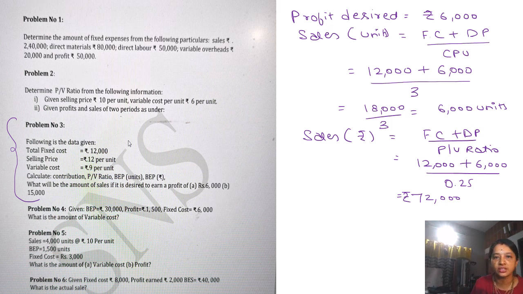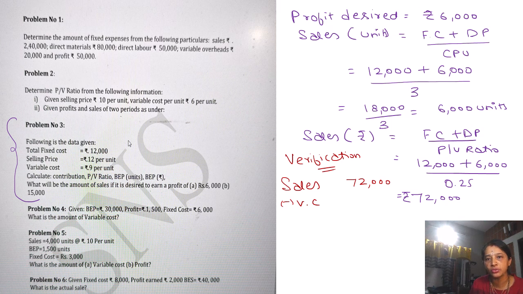So let's do verification. I told you verification is not required. This is just for understanding purpose. So sales, how much is the sales in rupees? Directly I will take 72,000 less variable cost. How much is the variable cost per unit?